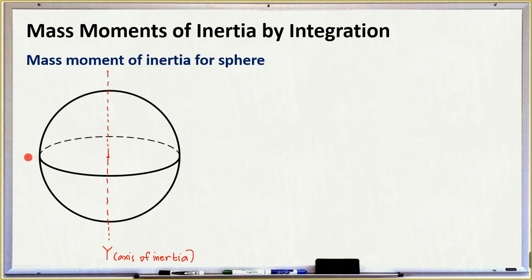And again, this one also is our x axis. Now, since our sphere is obviously not a right prism, we're going to use another technique, but still utilizing integration.